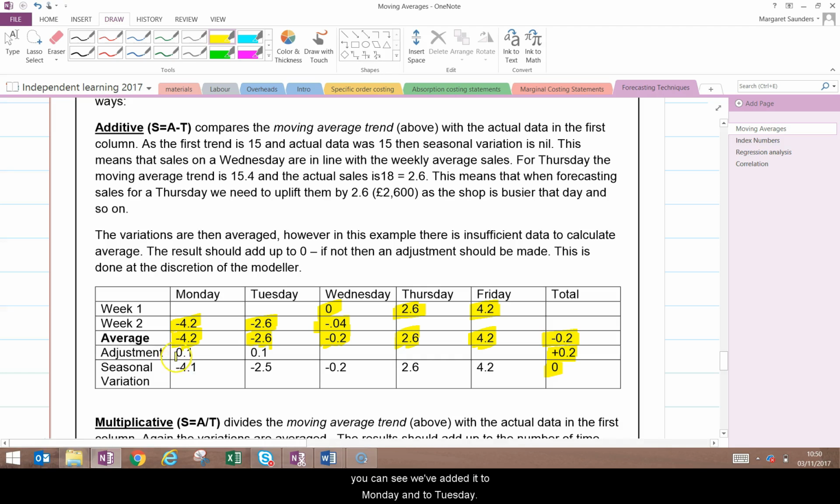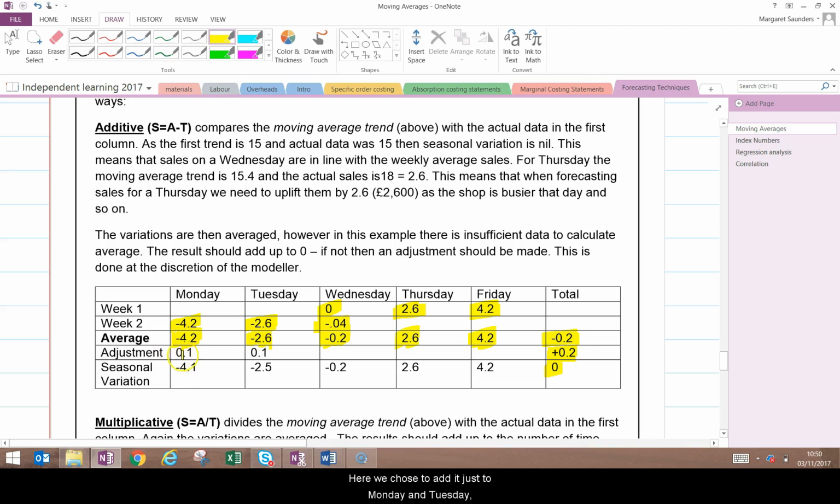Here you can see we've added it to Monday and to Tuesday. We could have added it to Monday and Friday. We could have divided 0.2 by 5 and added a little to each day of the week. It really does not matter. We are talking about very, very small figures. We're also using averages and we're using moving averages, so the accuracy is fairly low in what we're doing.